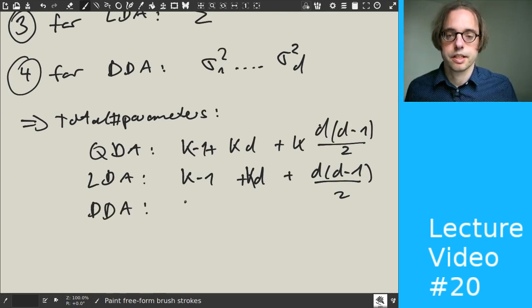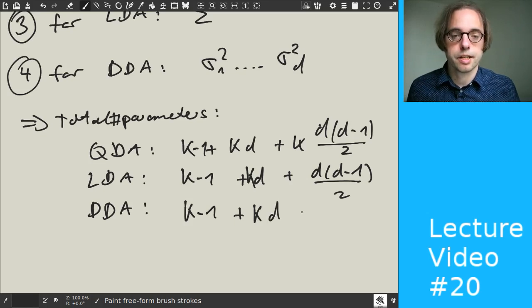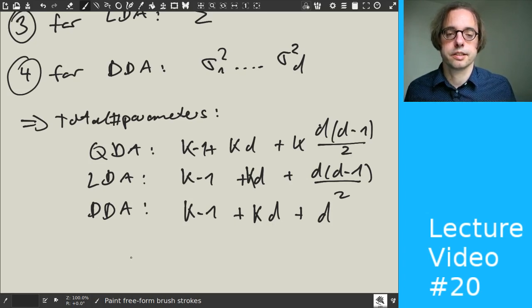So we have k minus 1 plus k times d for the means plus d. So that's the parameters needed for diagonal discriminant analysis.